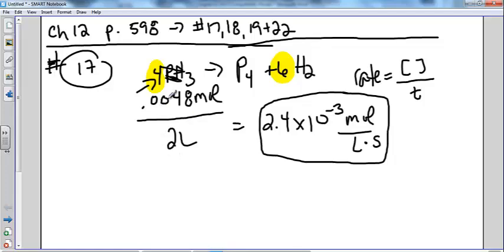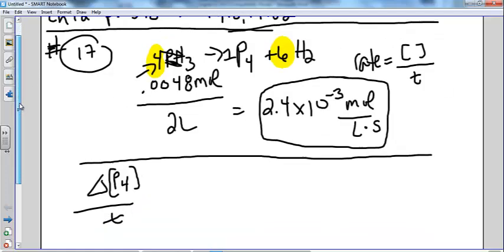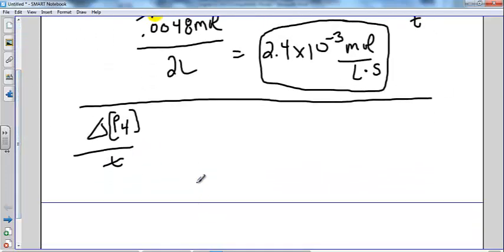So since it's the 4 to the 6 and then the 1 on this one, if we look at the phosphorus, the change in the concentration of the phosphorus per unit time is going to be equal to, now we're going to put this negative sign in front of it because we want to make it positive.